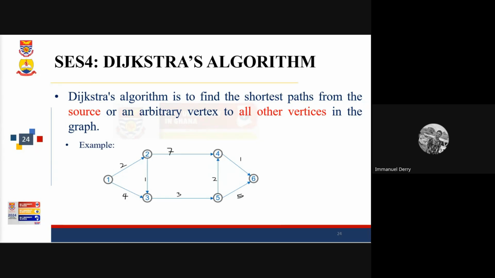Given this example, how do we find the shortest path from, let's take this particular value here as a source vertex? Anybody who can help us?